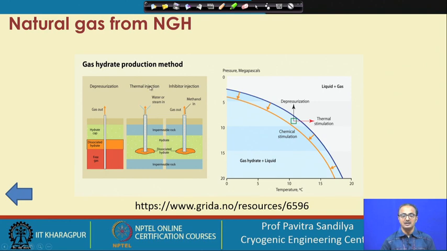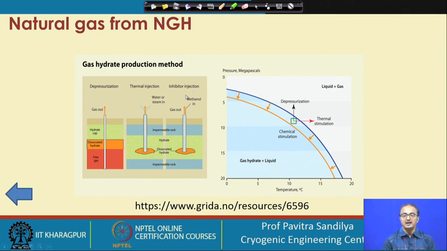The second one is thermal injection, where we somehow heat the gas hydrate sediments, and by increasing the temperature, we again dissociate the hydrates into gas and water.